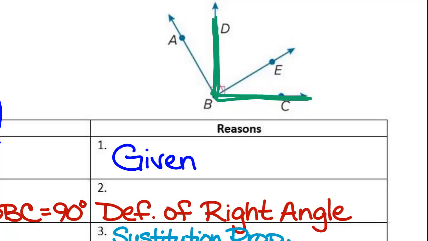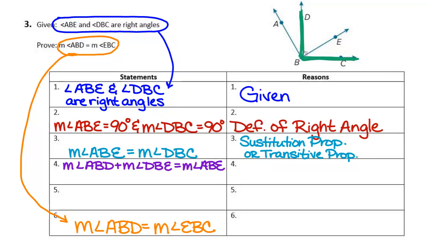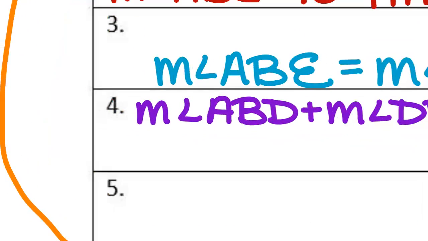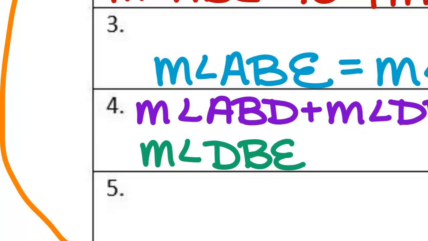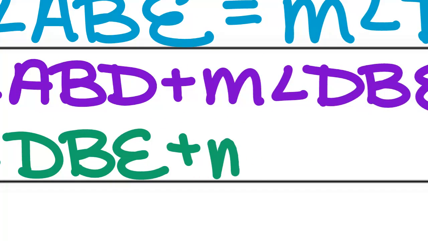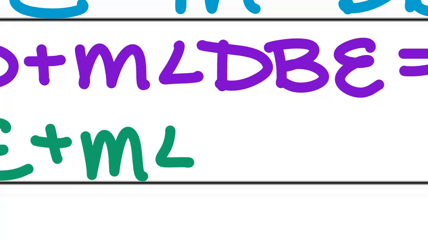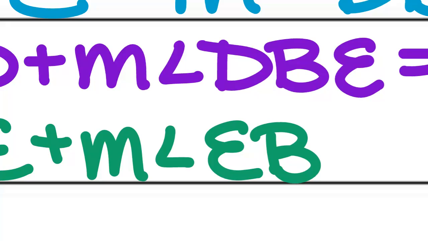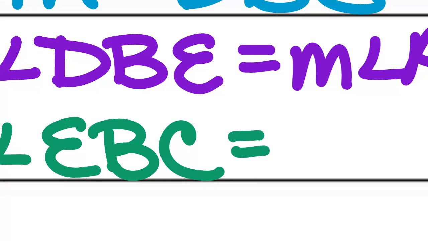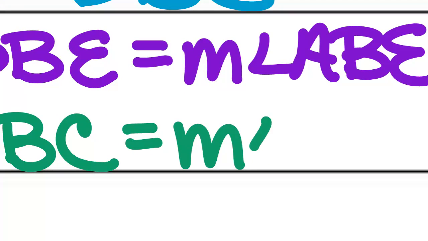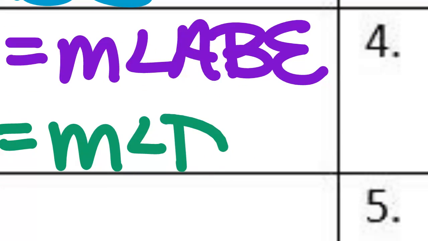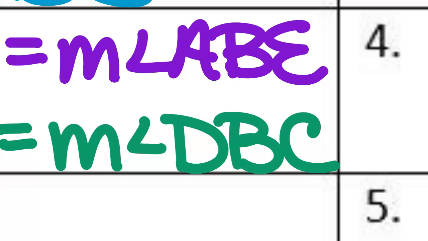Well, what two angles make up that one? The measurement of angle DBE plus the measurement of angle EBC is equal to the measurement of angle DBC.